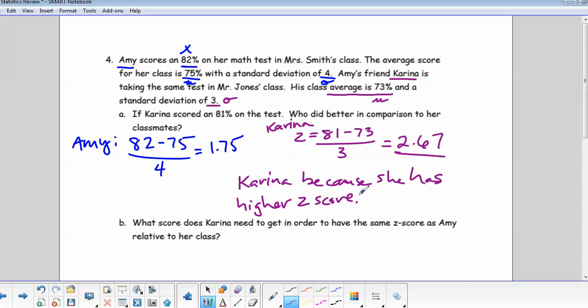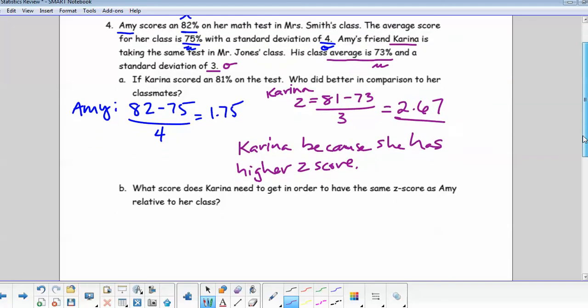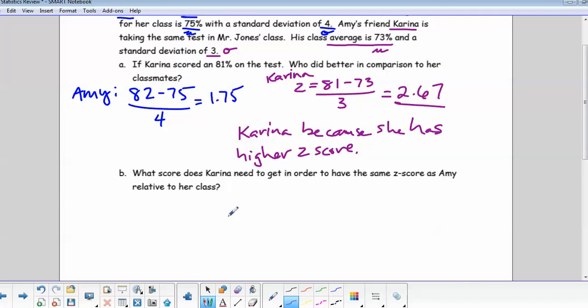All right, what score does Karina need to get in order to have the same z-score as Amy relative to her class? So now we need to substitute into that z-score formula one more time. We know z is equal to x minus mean over standard deviation. And we want the z-score to be the same as Amy's, which was 1.75. So 1.75 equals x minus, but Karina's class had a mean of 73.